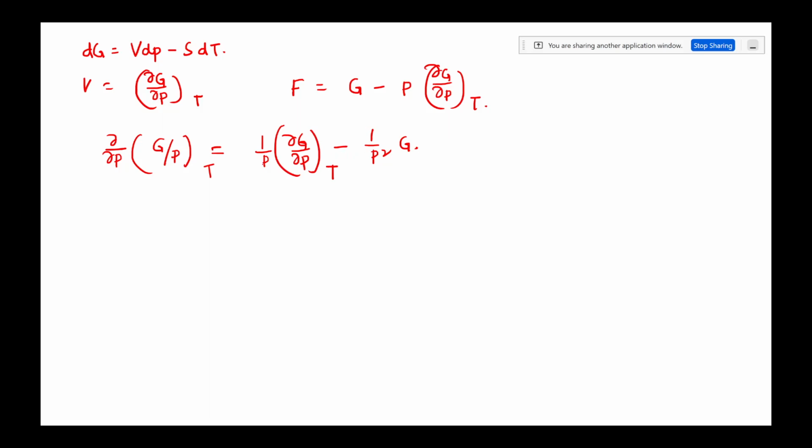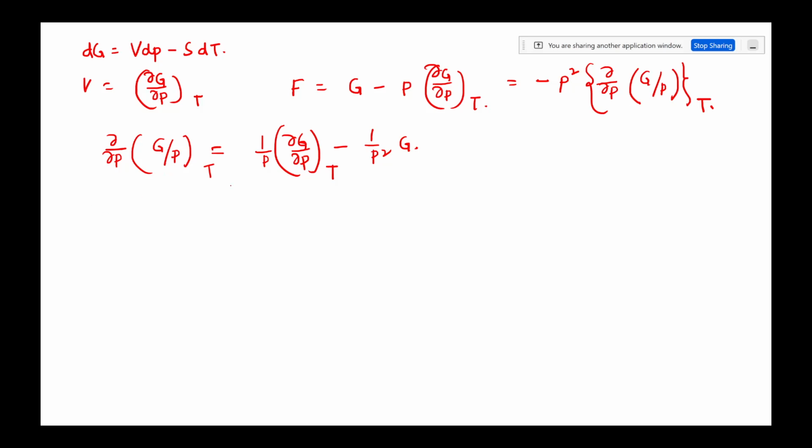So if we multiply a P square here, this will be P del G del P, and this will be minus G, but there is a minus sign, so I will write minus P square del/del P of G by P and keeping T fixed, right? So this is a term.